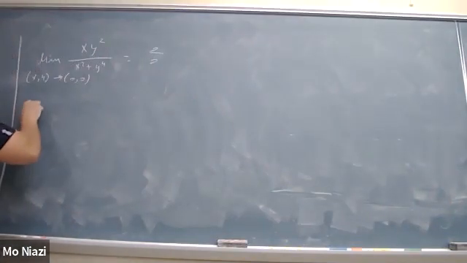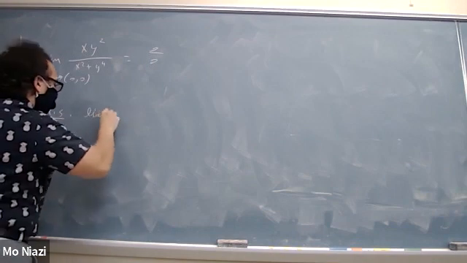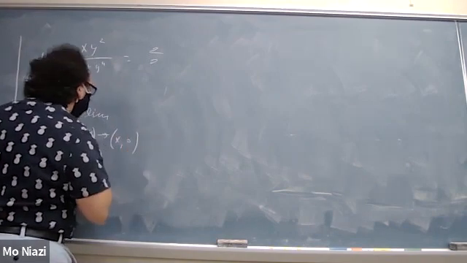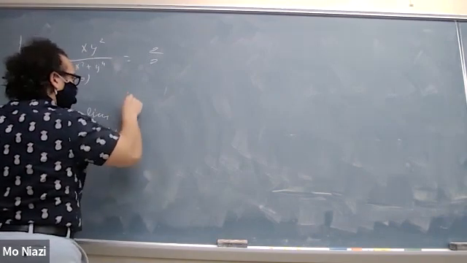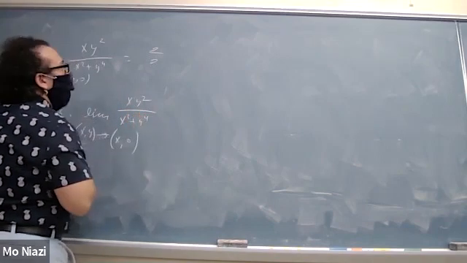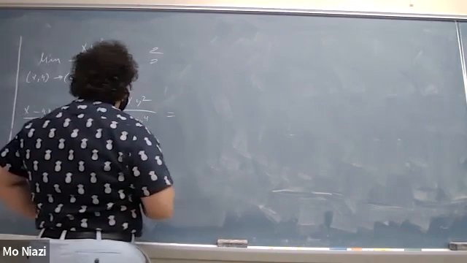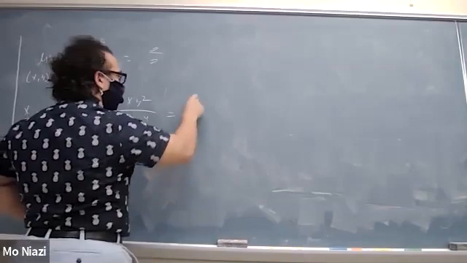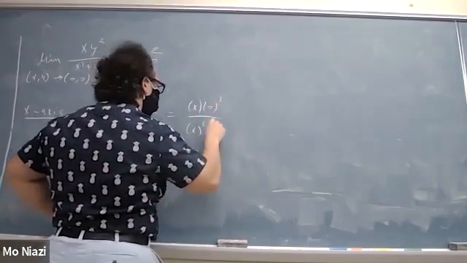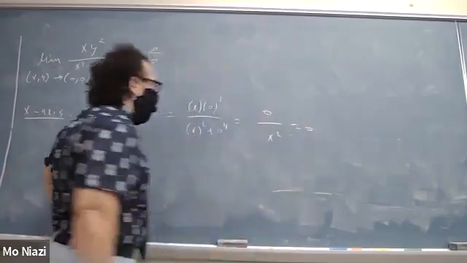So let's approach it along the x-axis. Okay, so then that's the limit as x, y approaches x comma 0 on this thing. I replace all my x's with the x and all my y's with the 0. Oh, that's a 0.